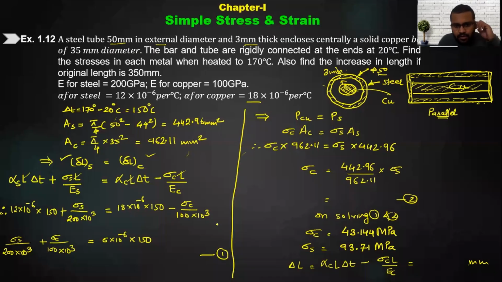Is it so? Yes, 0.794. Very good. 0.7941. Yeah. Okay, Tejas also got the answer. Very, very good. Fine. 0.7941 mm is the total elongation in the tube after this much. So very good. We have successfully completed this.